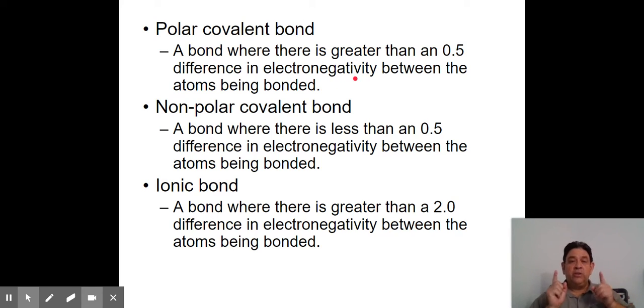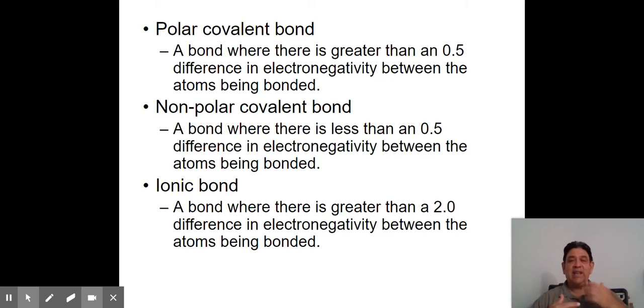If they're the same element, they're going to have the same electronegativity. But if they're two different elements and their electronegativity differs by more than 0.5, then that bond is going to be polar.